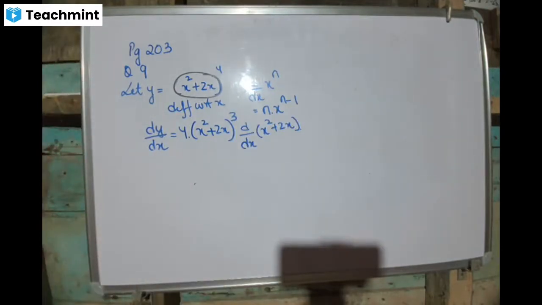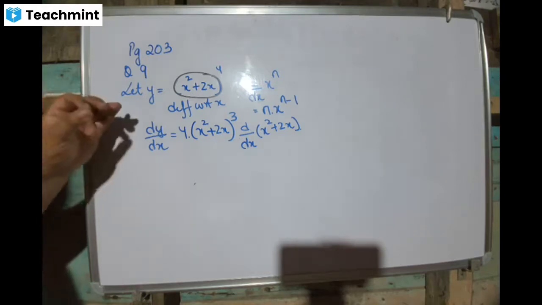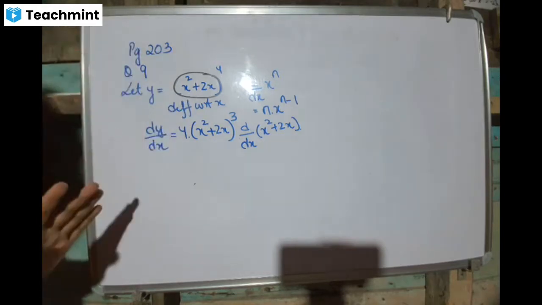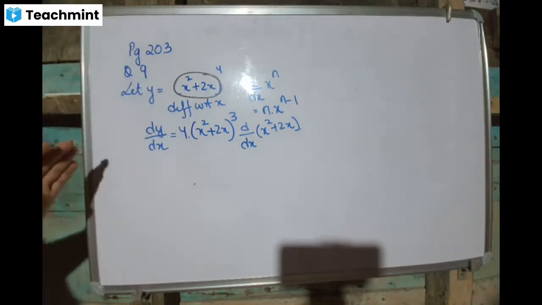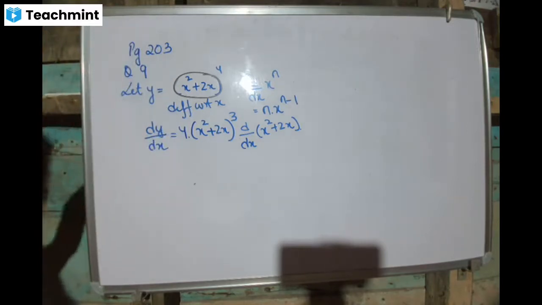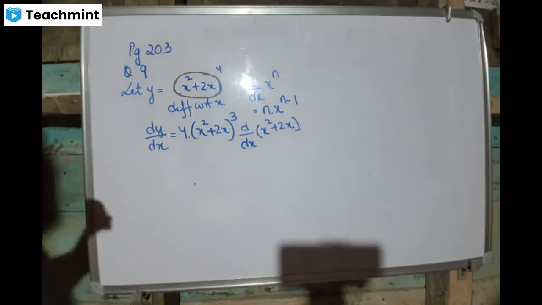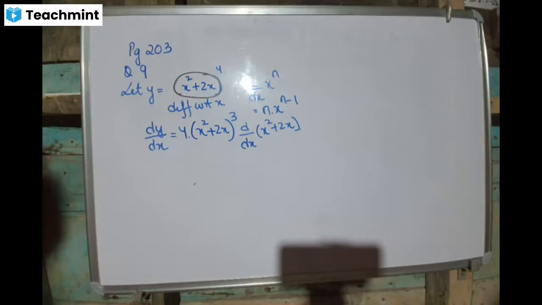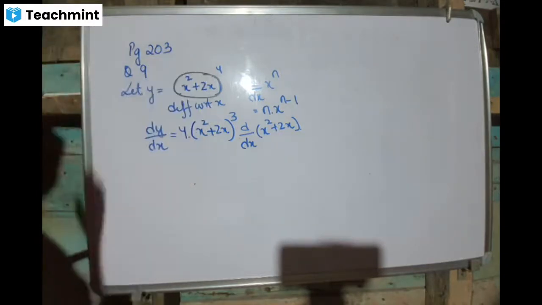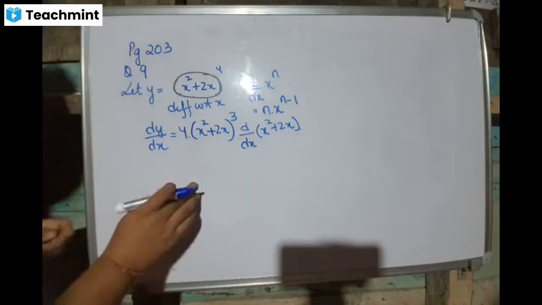Everyone, what you need to do is compare the function with the formula that you know. If it can be differentiated by applying the formula, then it is called a standard function, no assumption required. But if it cannot be differentiated by applying the formula, then we have to assume it as x and then apply the formula, and the assumption which you have made is to be differentiated one more time.